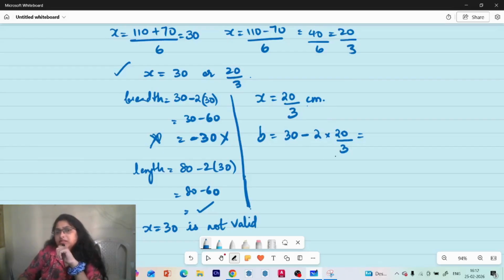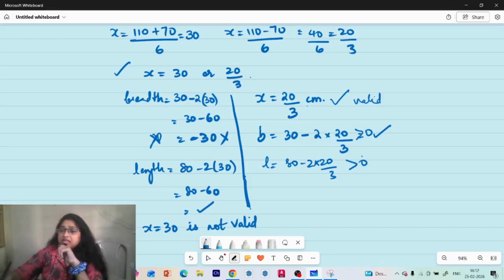It is 30 minus 40 by 3, so we will get a positive answer greater than 0. Similarly, the length will also be greater than 0. So yes, this is valid.